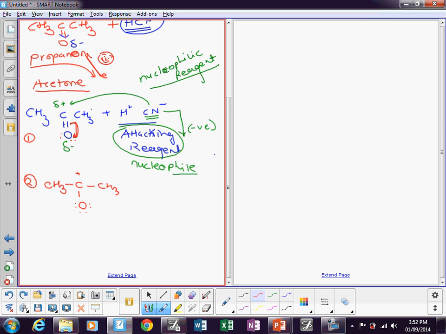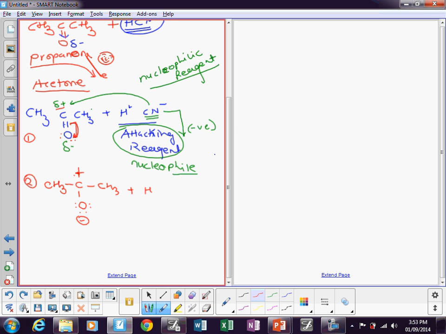This carbon has lost its electron to the oxygen, and it will develop positive charge. Earlier it was partial positive, now it has developed positive charge because the electron has been delocalized, shifted. The pair has been shifted, and oxygen will develop negative charge.